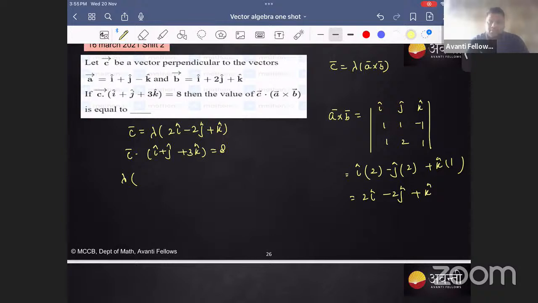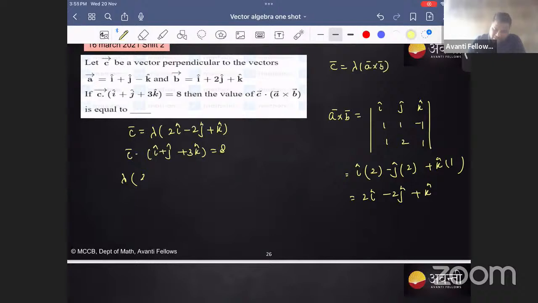Just give me a cross check if I am audible or not. Please tell me. Thank you. Actually, the power went off. So that is why.